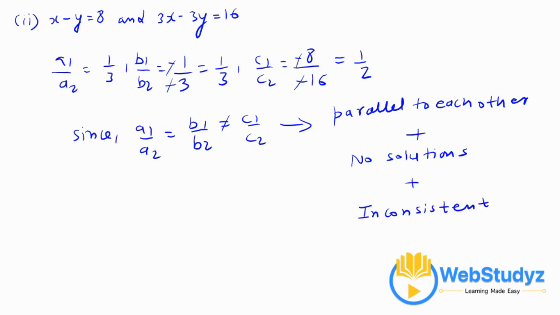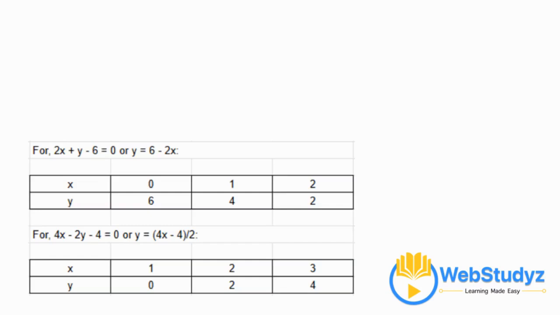Now move on to the third one. In the third we have 2x plus y minus 6 equals 0, and the second equation is 4x minus 2y minus 4 equals 0.